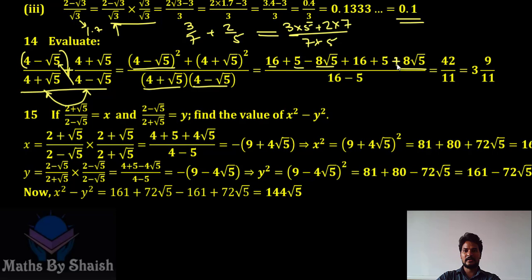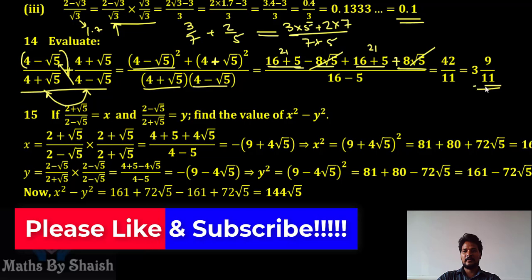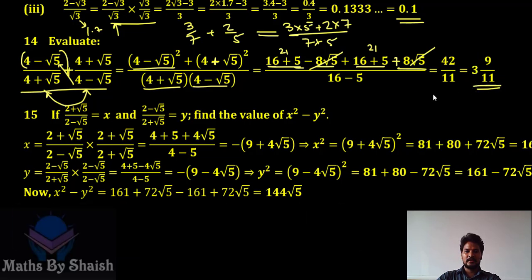It is not minus, it is plus 8 root 5 because it is plus 2ab. And then these two got cancelled, and we got 16 plus 5, 21, 16 plus 5, 21, and 21 plus 21 is 42 upon 11, that is 3 9 by 11 in the mixed fraction form. And we will leave our answer till here because they did not ask for the decimal values.